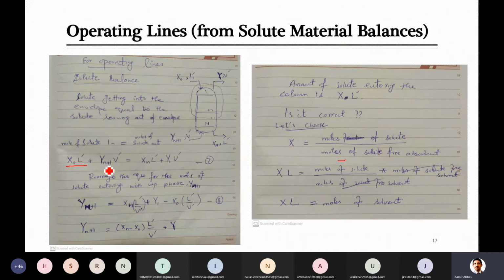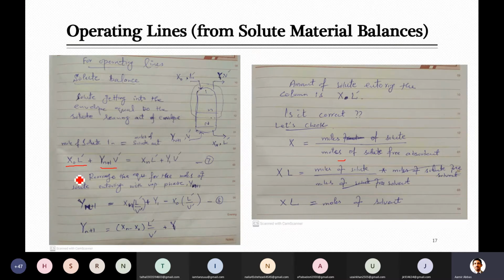As well, the solute can enter from two points. It can be part of this liquid stream, and it can be part of this vapor stream. The vapor stream, which is just entering this nth tray: when we started from 1 to this small n, anything after this is considered n plus 1. Because this vapor stream is coming to the nth tray, which is our last here, it comes from the n plus 1 tray.